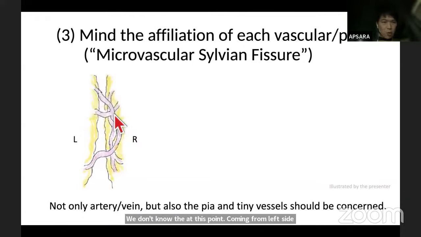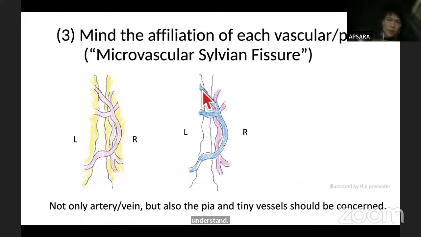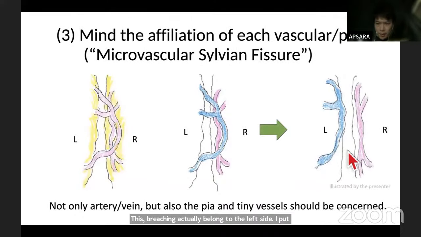But after we open carefully, we may understand this bridging artery belongs to the left side. I put the blue color here. Then, of course, at that time, we can separate the correct area. So not only artery or vein, but also the pia may have some affiliation or belonging. So you should consider every time which lobe it belongs to.